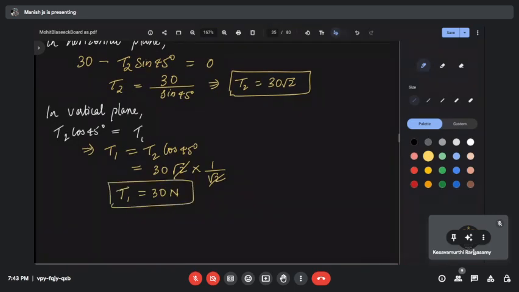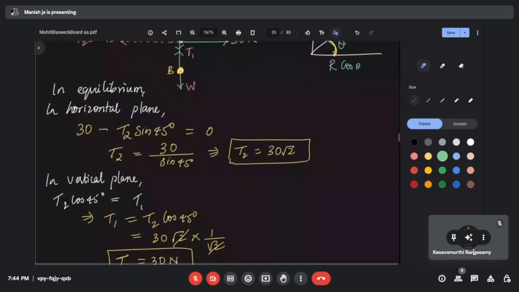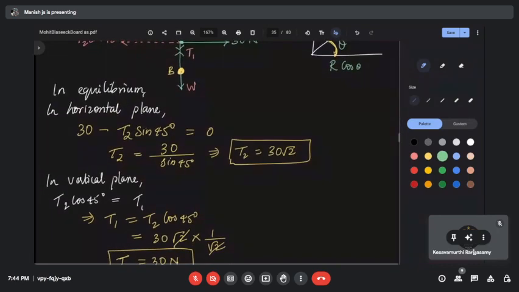Once you have found T1, now you will go to the B part, the equation for the object B. If you take object B as the center, you can see T1 acting vertically upwards and weight acting vertically downwards. Simple.